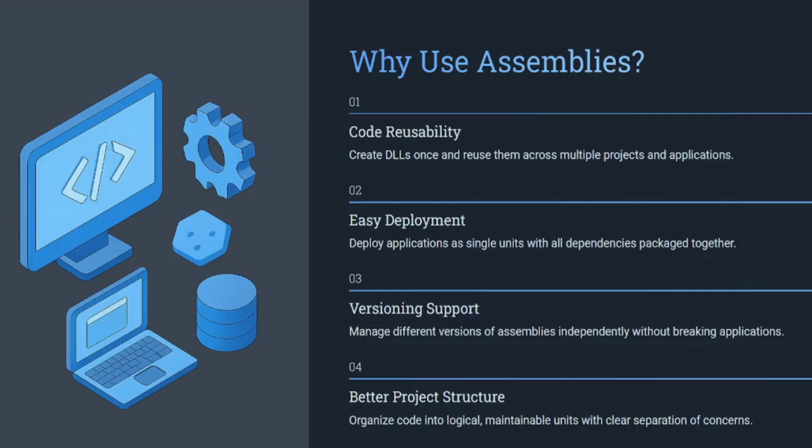Another advantage is versioning. Assemblies allow us to manage different versions easily. So even if we update one part of the application, it won't break the other part that is dependent on it. And finally, better structure. Assemblies help us organize code into smaller logical units. This makes the application easier to maintain and also improves readability. So overall, assemblies help in making applications reusable, easy to manage, and well structured.